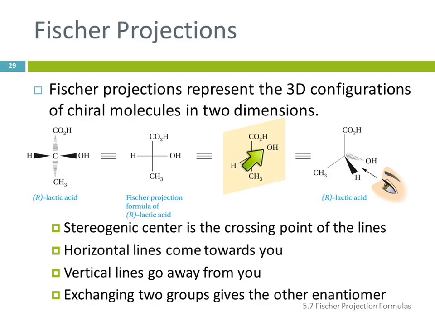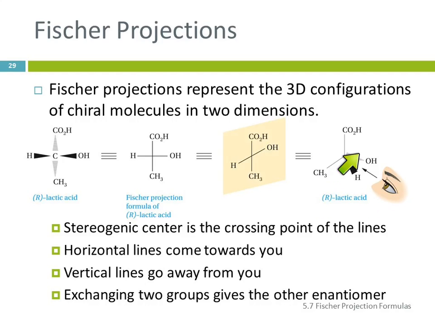Looking at this then, what are they trying to show us? They're trying to show us that if we tip this around, we can draw it like this. And then looking down this axis, we're looking to see, does this go to the right or to the left?